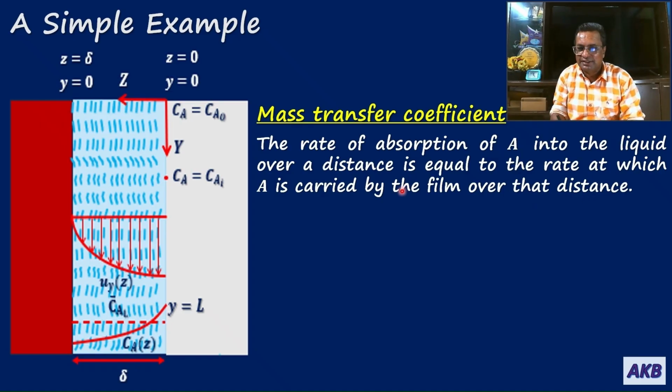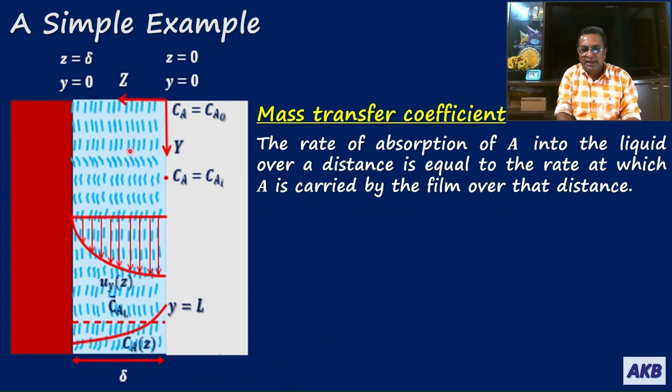You need to understand this fact. As a liquid moves over some distance, the rate at which A is absorbed into the liquid is equal to the rate at which A is carried by the film over that distance.